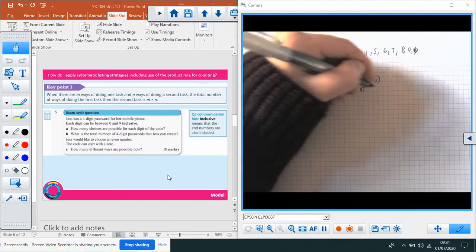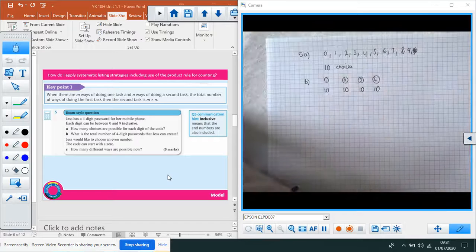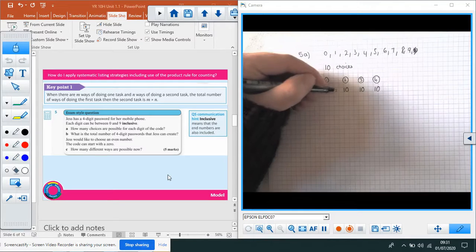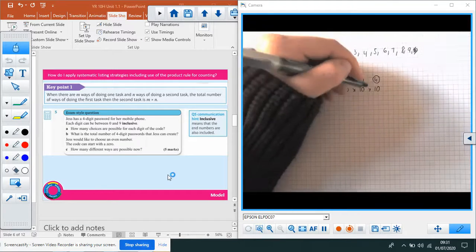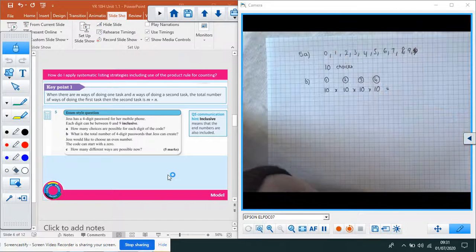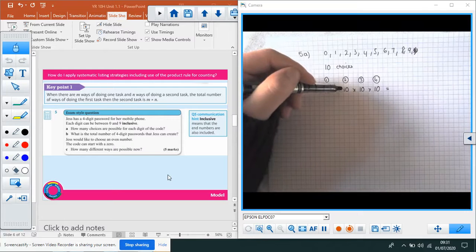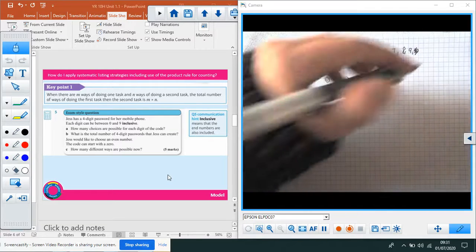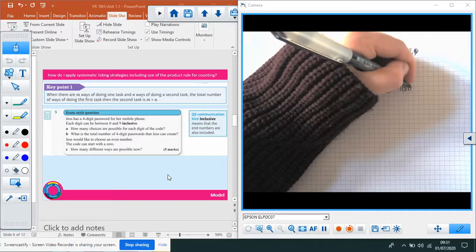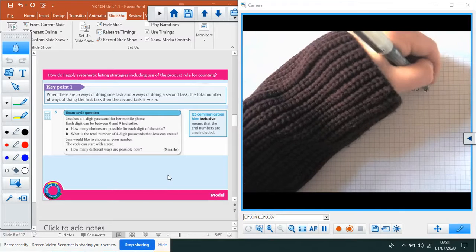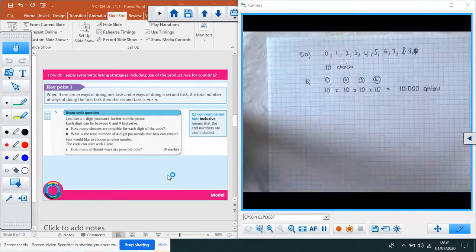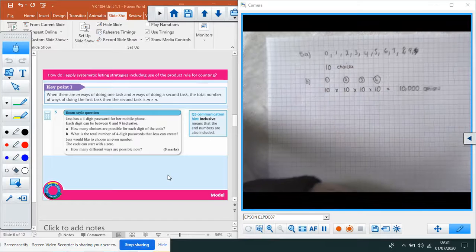It can be 10 different numbers for each number in the code. So as we said before, we're just going to multiply them all together, and that's going to tell us how many different possible combinations she can have. 10 times 10 is 100, times 10 is 1,000, times 10 is 10,000. So she's got 10,000 different options for her code, depending on what she picks.